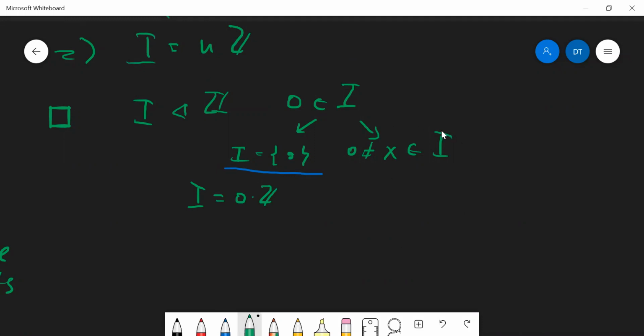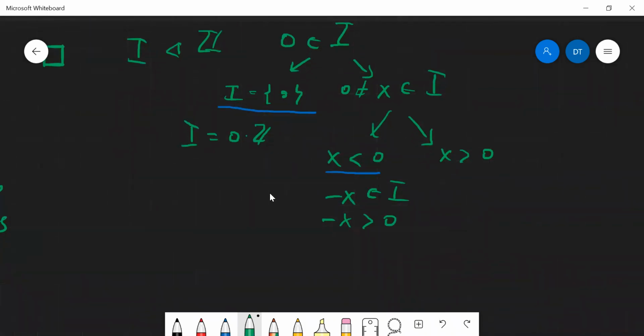So now we want to consider the second option. Here we have two options again. Either x is smaller than 0 or it's greater than 0. In case x is smaller than 0, we have minus x inside I because I is a subgroup, and minus x is greater than 0.